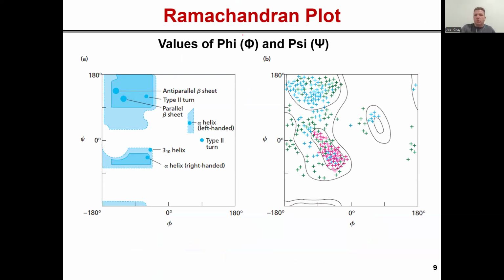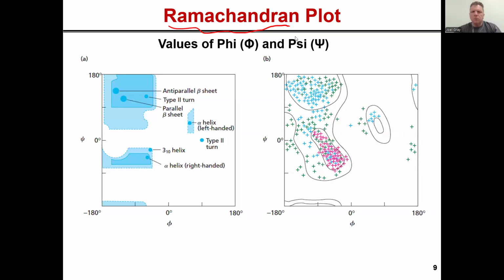We have what is known as a Ramachandran plot that illustrates that acceptable or appropriate pairing of phi and psi angles. Now, rather than the figure on the left, we'll look at the one on the right.